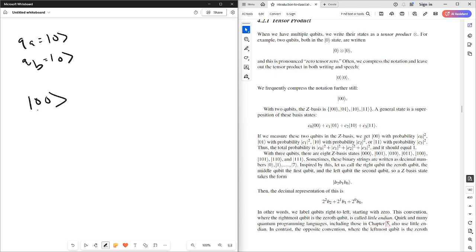Or rather, for proper indexing, let's call these qubit 1 and qubit 2. They're both in state 0. This decomposes to this, but this is also equivalent to this, which is our tensor product.